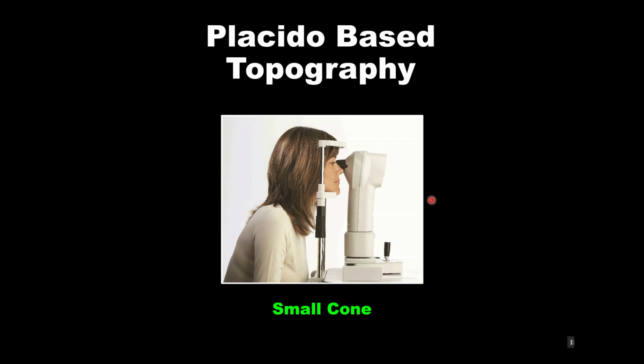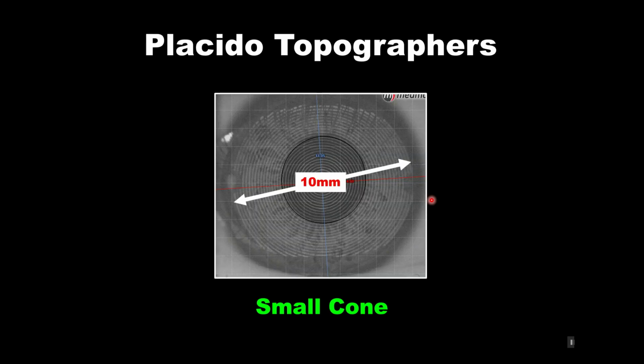Now, you would assume that a small cone topographer would give you a smaller area of corneal capture, and a large cone topographer would give you a larger area. But really, the inverse is true: the small cone topographer actually gives you the largest capture area.